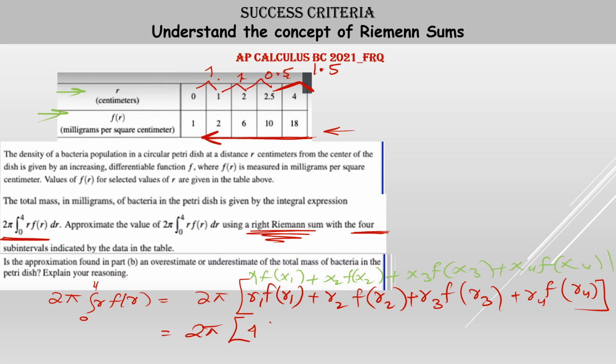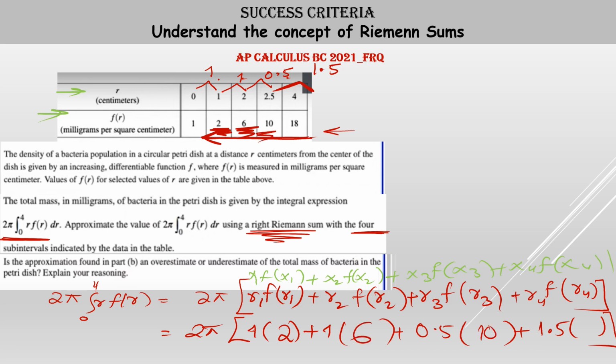So it is 1, then again 1, then 0.5 and then 1.5. Now write the values which you are taking from here. So the first value is 2, second value is 6, third value is 10 and the fourth value is 18. Write it in the calculator and get the answer.